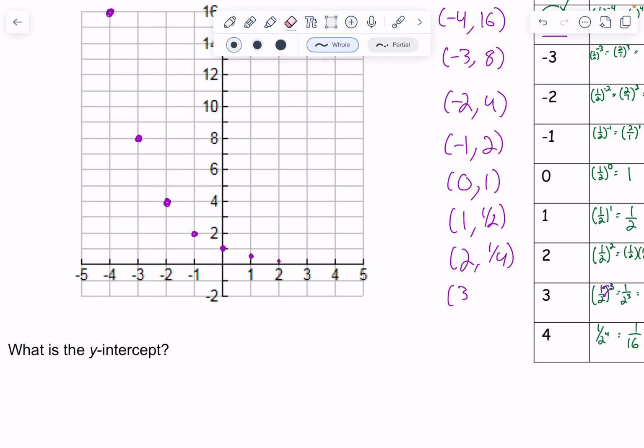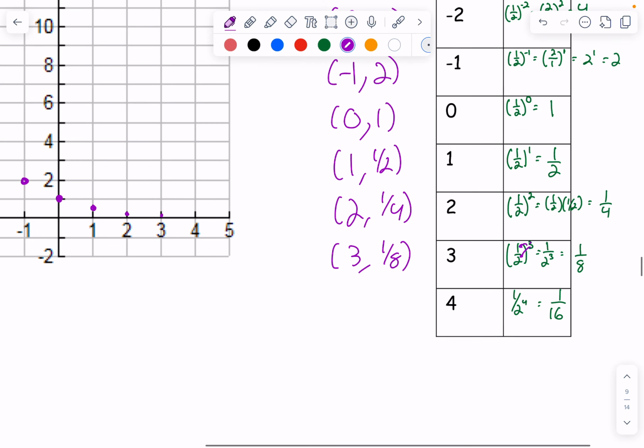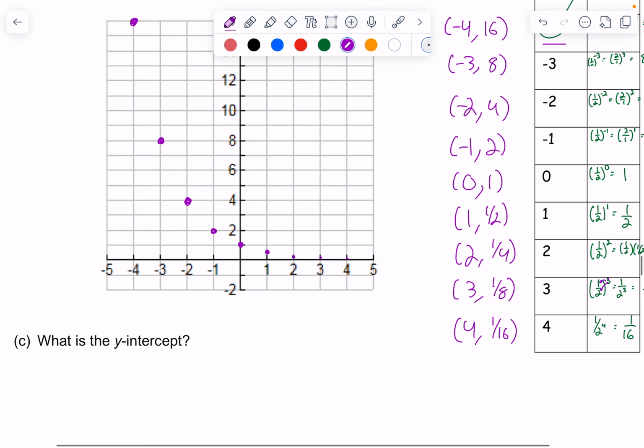Here it's 3 and 1/8, so 1/8 is here. And then 4 and 1/16. Really, it's hard to distinguish between the 16th and the quarter, so like right there. So if we connect our dots, we go... Oh, that's a horrible job of me connecting my dots. There we go.